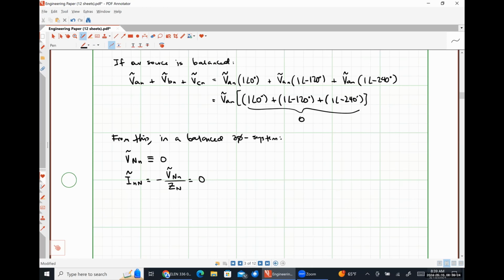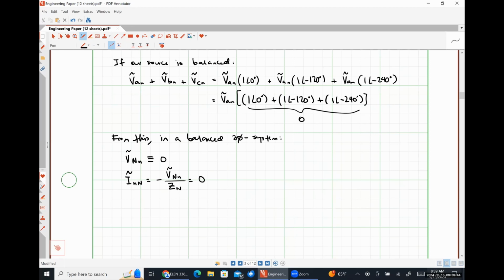So since our voltage drop is always 0, we can effectively treat our neutral conductor as a short circuit regardless of what its impedance is, up to and including if it doesn't exist.